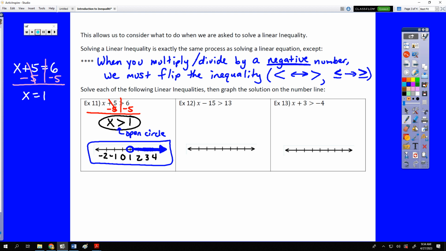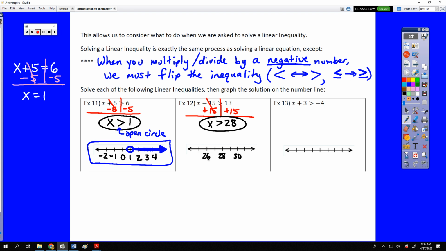How about example 12? What do we need to do to get x by itself? We need to add 15. Okay, we need to add 15 to each side of the equation. That would cancel out the 15 on the left and give us x is greater than 28. Now 28 is a bigger number than we've dealt with, but doesn't really change anything.